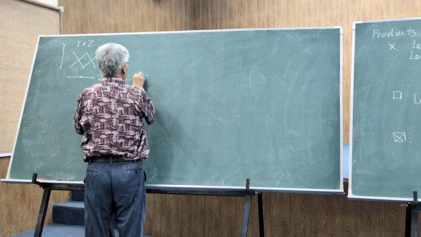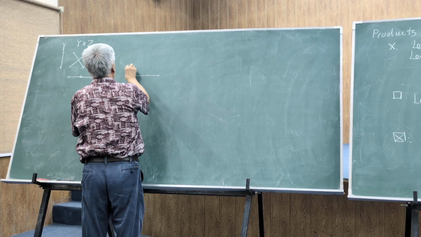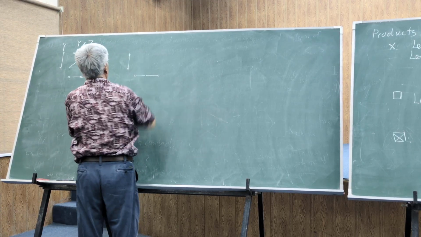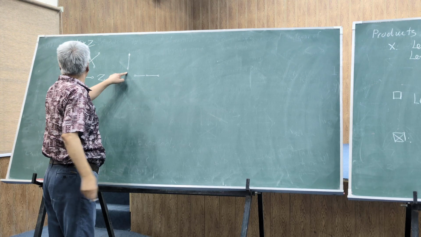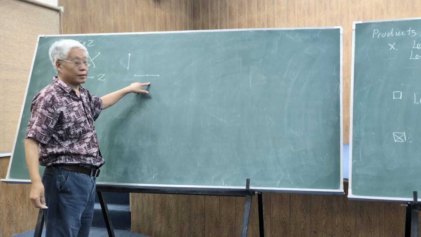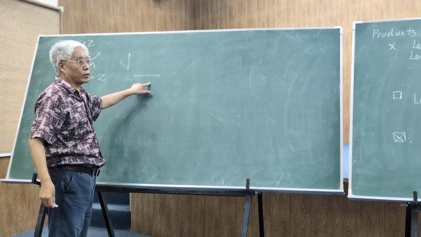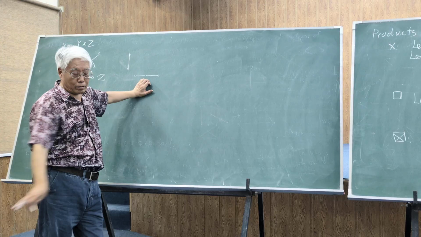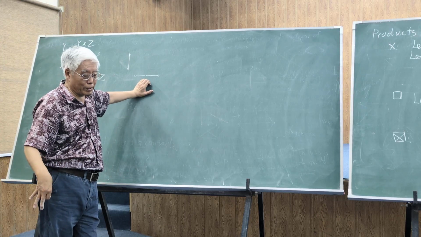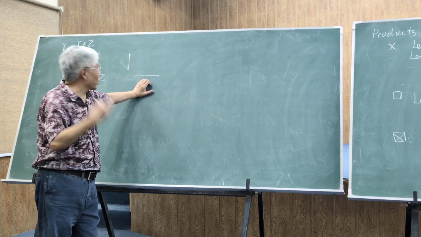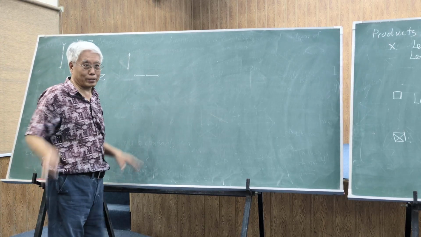The second product, this is your y, this is your z. Oh, I see. In the Euclidean plane, the first one is horizontal and the second one is vertical, and we just put it the other way around, right? It doesn't matter, right?